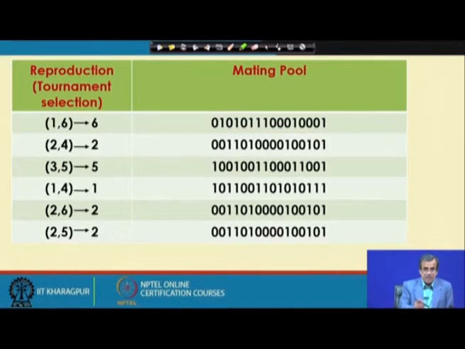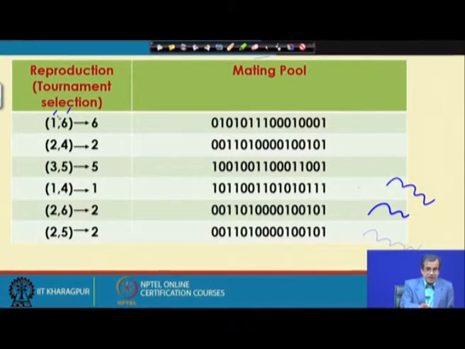Each time I am going to pick 2 solutions out of the 6 at random. In the first tournament, supposing that I have selected the first GA string and the 6th GA string, and I am comparing their fitness values.